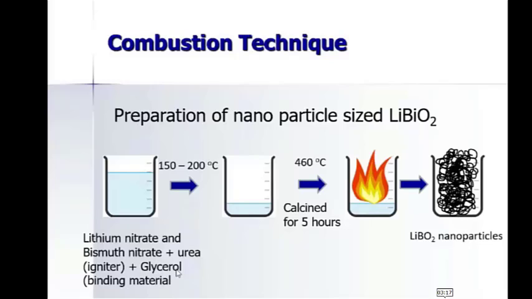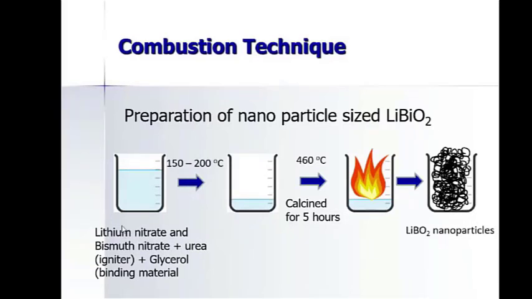So here it is a mixed oxide of both lithium and bismuth, LiBiO2. So the starting materials are lithium nitrate and bismuth nitrate. If you are taking some other element, if it is iron, you have to have iron nitrate.